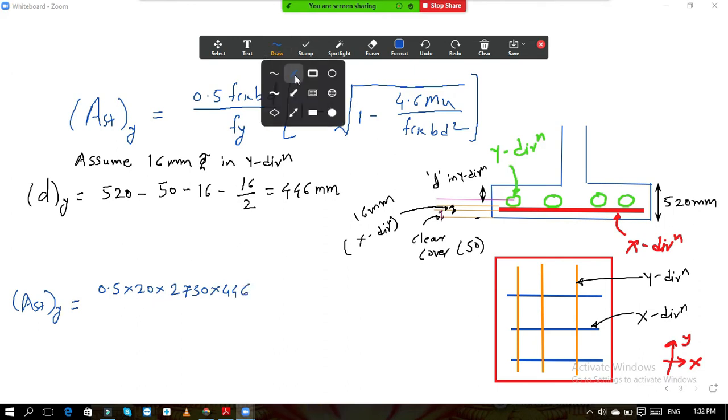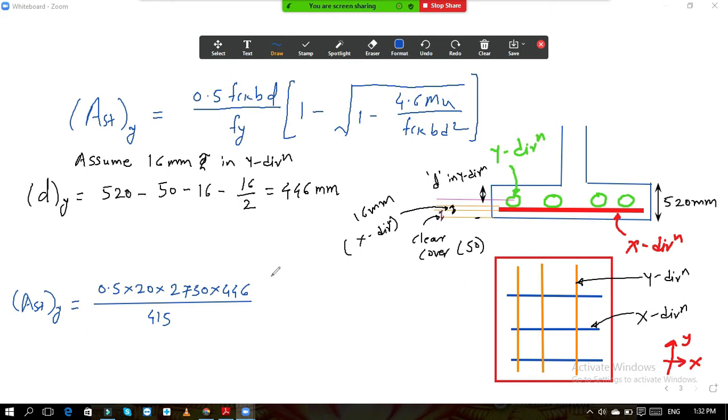Due to this change in the effective depth, your steel is not same, although your bending moments are same, divided by Fy is 415 in bracket 1 minus under root 1 minus 4.6 Mu divided by FCK BD square. FCK is 20, B is again 2750 into 446 square.